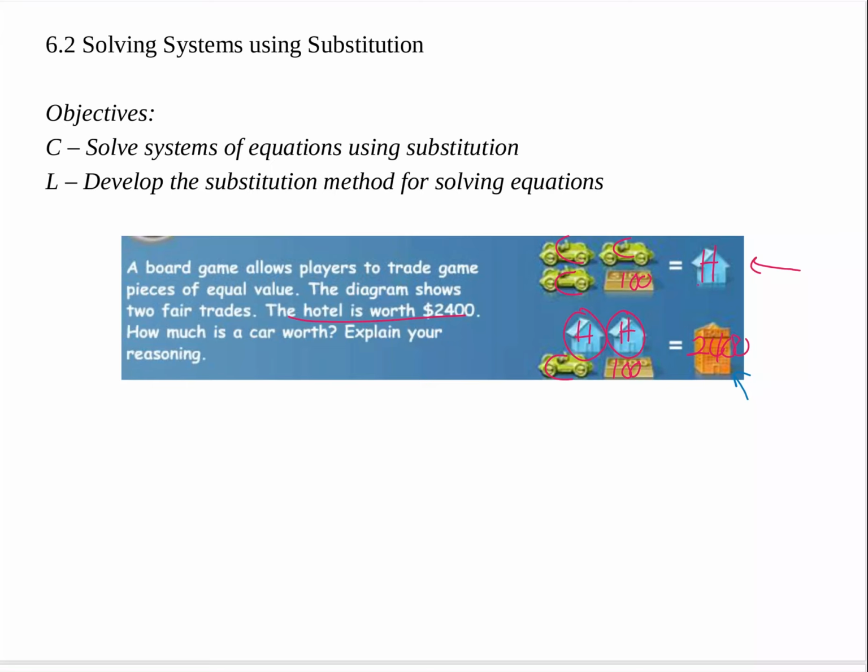So this first fair trade tells me I have 3C plus 100 equals a house. And then the second fair trade tells me I have two houses plus a car plus 100 equals 2,400. Well, if I take these houses and turn them into the houses down here, then each house gives me 3 cars and $100.